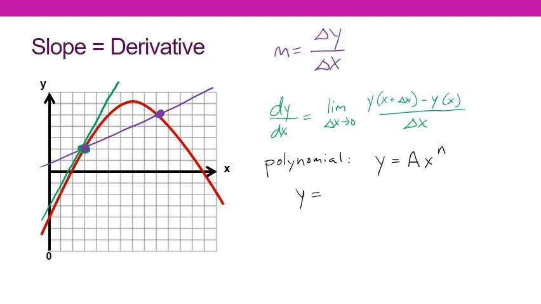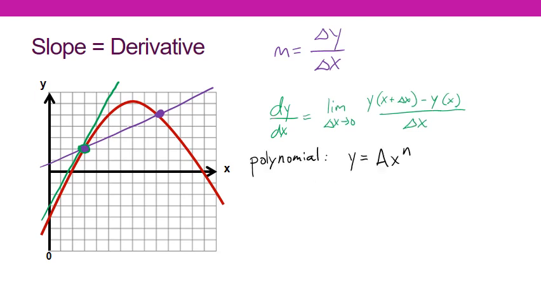If I had a function that was, say, 2x squared plus 4x plus 1, that's still a polynomial, because if I looked at this, every term in this function has this polynomial form. The first term has 2, which is a constant, times x, which is my variable, raised to the power 2. The second term has 4, which is a constant, times x raised to the power 1. And the last term has 1, which is a constant, times my variable raised to the power 0, because anything raised to the 0 power is 1.